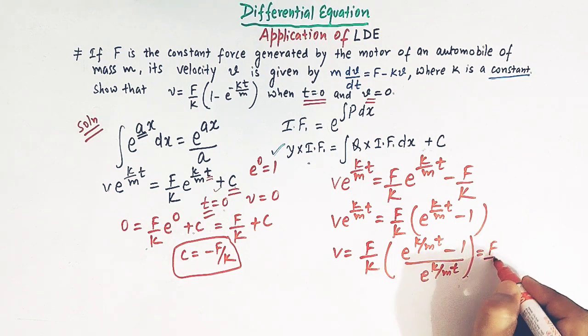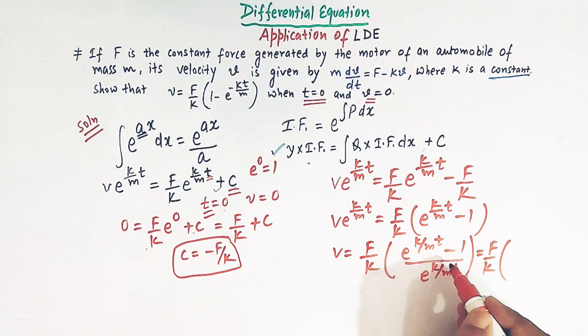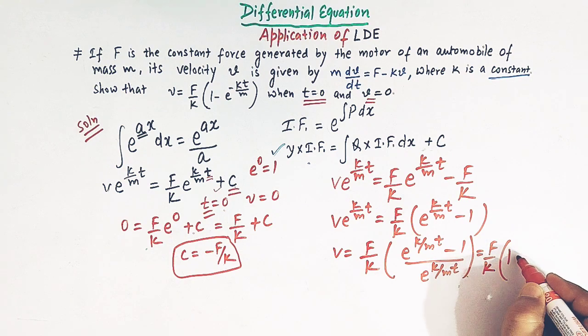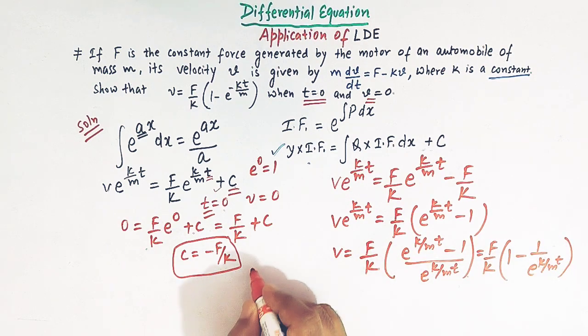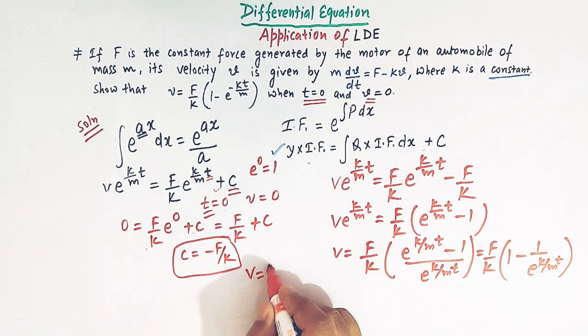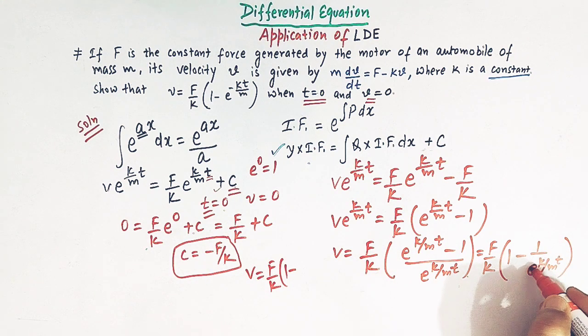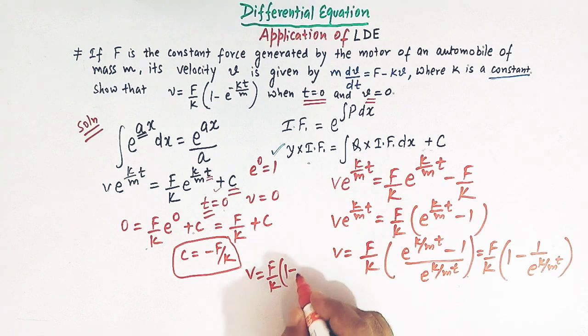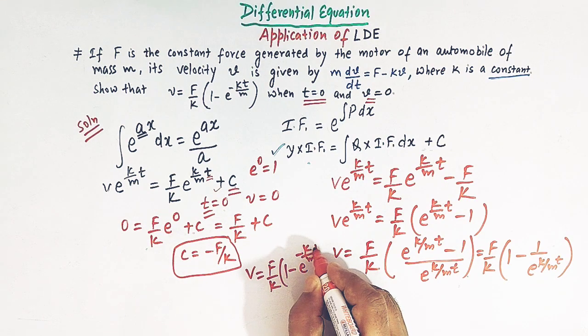Now we can write F over k, and if we separate the two terms here, then this term and this term get cancelled, so we are left with 1 minus 1 over e raised to k over m t. So now we can write v is equal to F over k times 1 minus, and taking this term to the numerator, e raised to minus k over m times t.